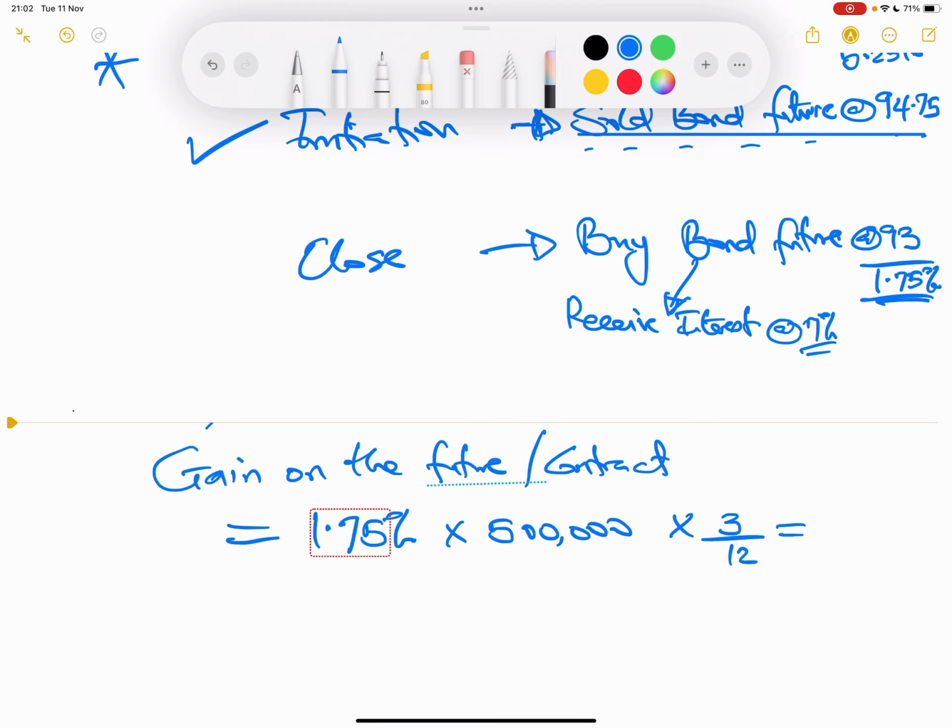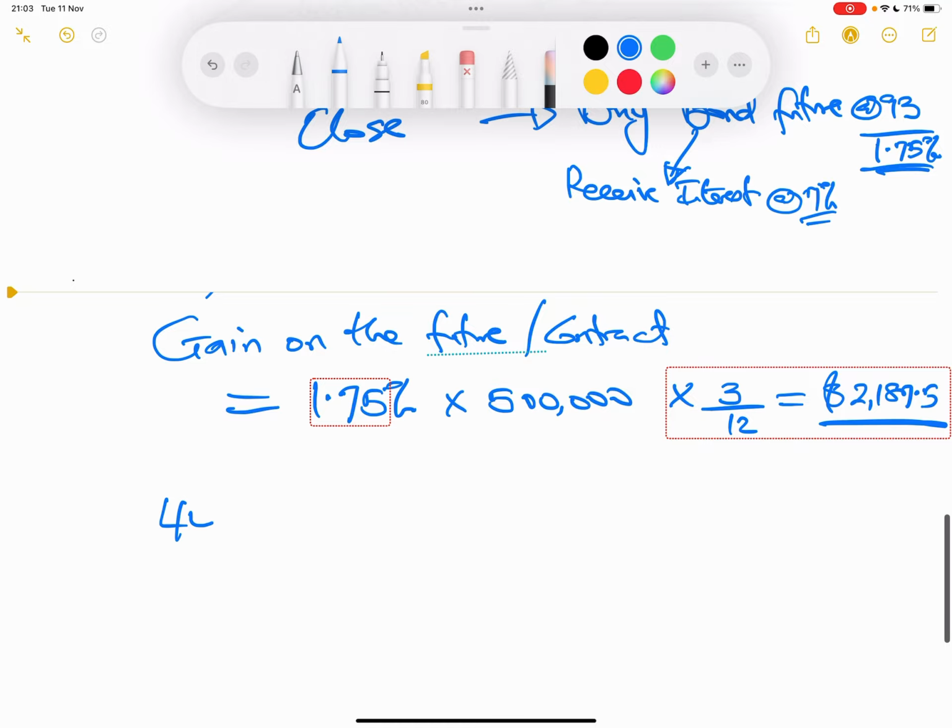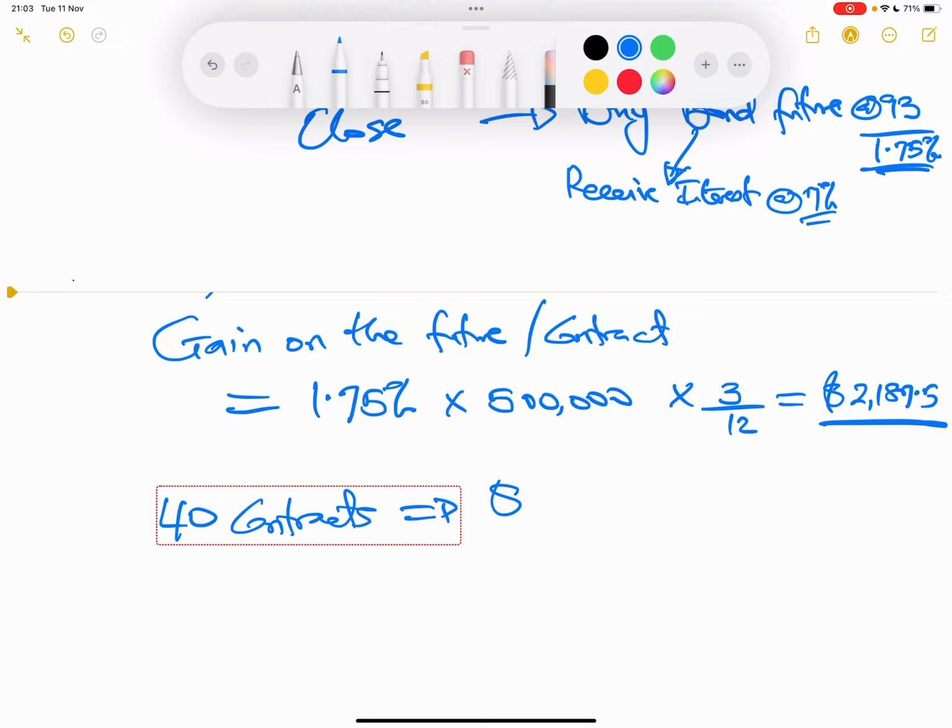And if you press your calculator for this, you see that for each contract, you have a gain of $2,187.5. And if that is the case for 40 contracts, which means you're going to multiply by 40, that will give 87,500 total profit.